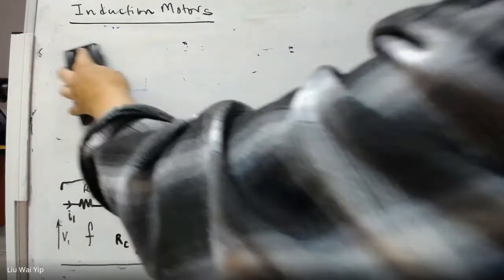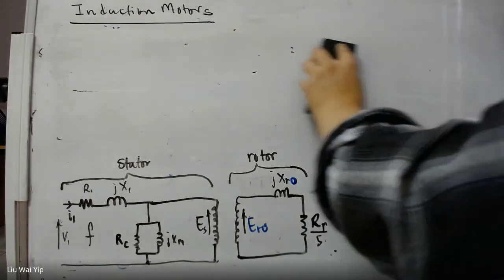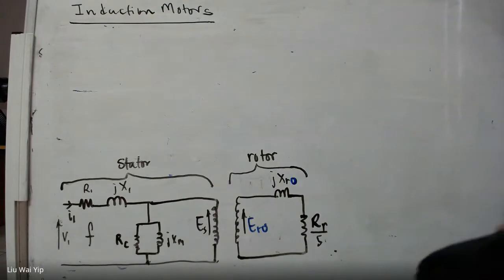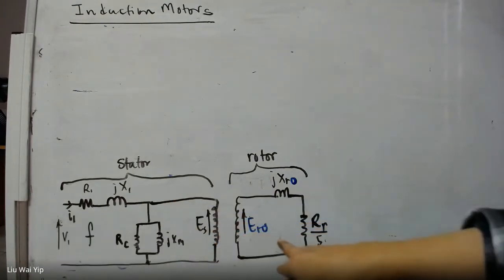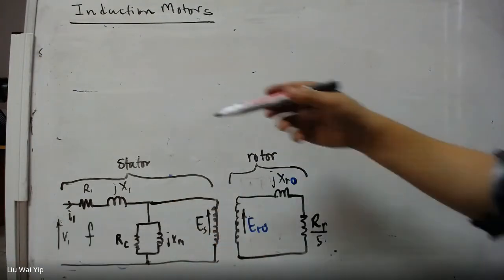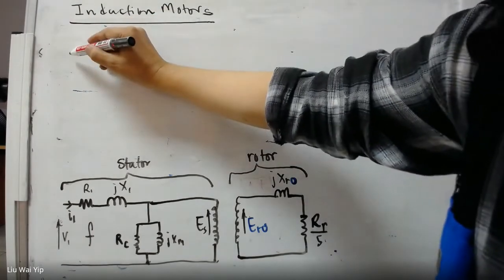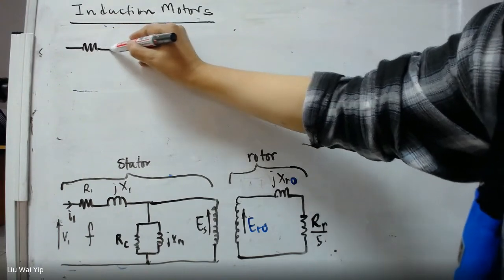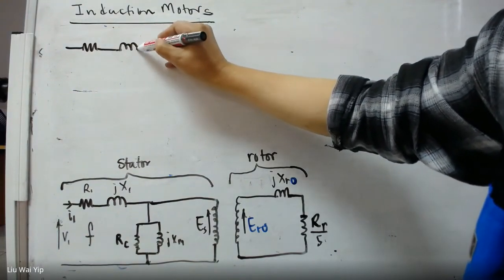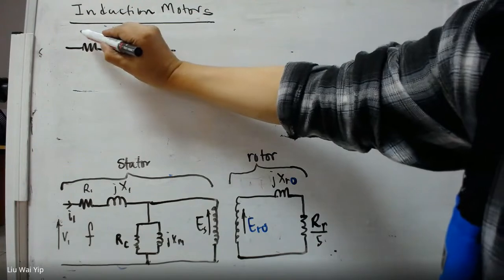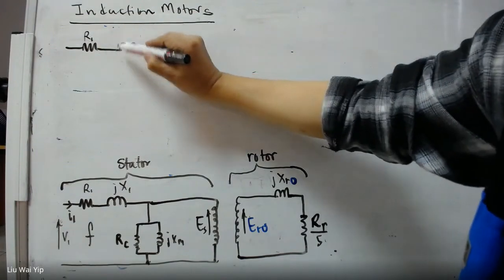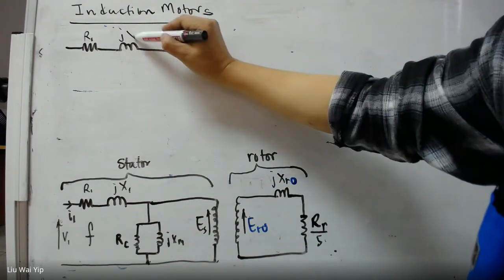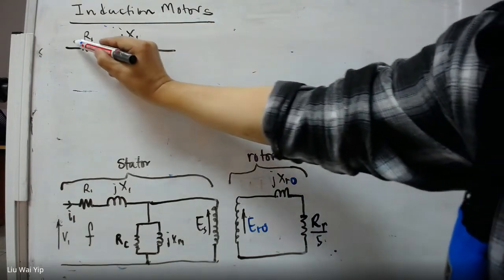But that doesn't mean we cannot continue to build a model. Right now we have all these parameters. We can come up with a model with the same stator, same branch.